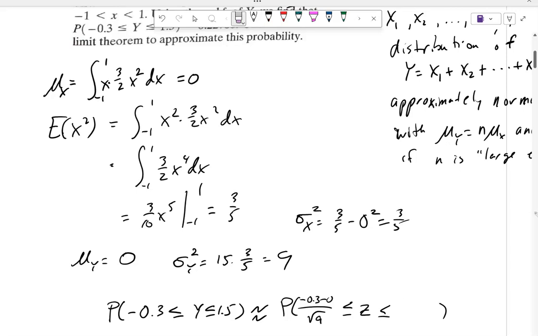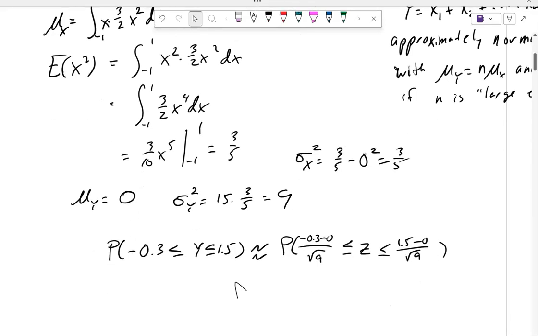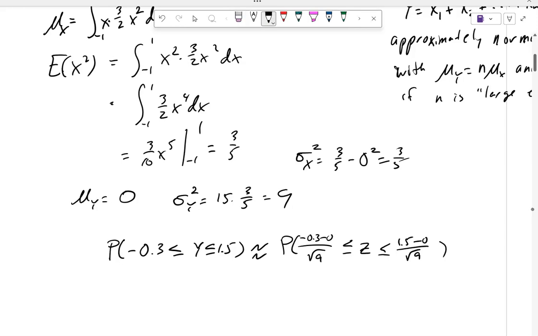Oops. 1.5 minus 0 over square root of 9. Good. So 1.5 divided by 3 is 0.5. Negative 0.3 divided by 3 is negative 0.1.